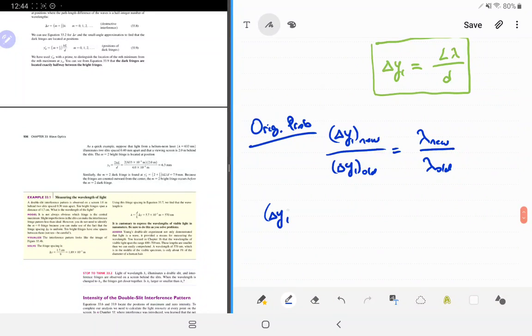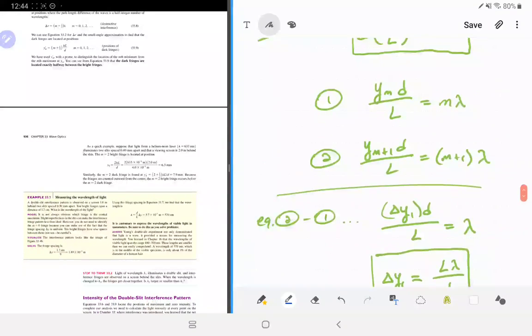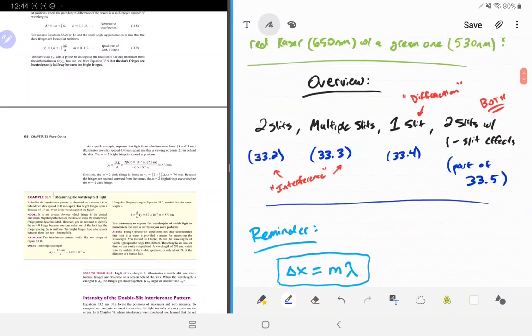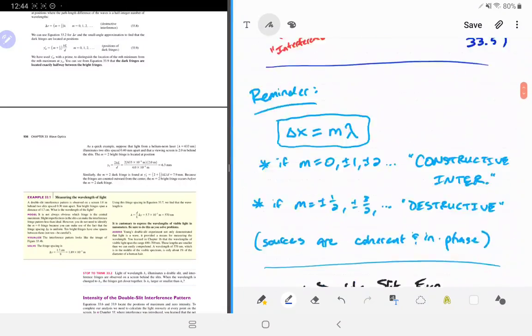So in other words, delta y1, the new distance between bright spots, is going to be the old distance between bright spots times this factor of the new wavelength over the old. I think it was green light of 530. So it's 530 and 650.